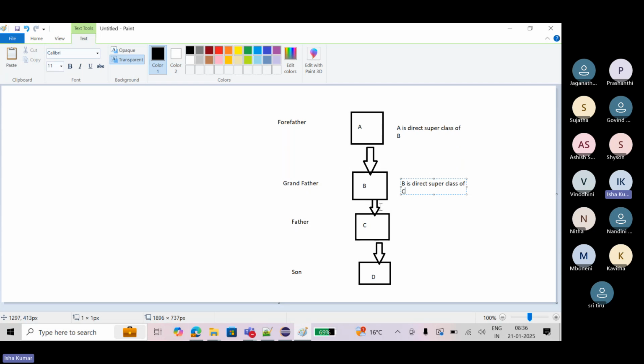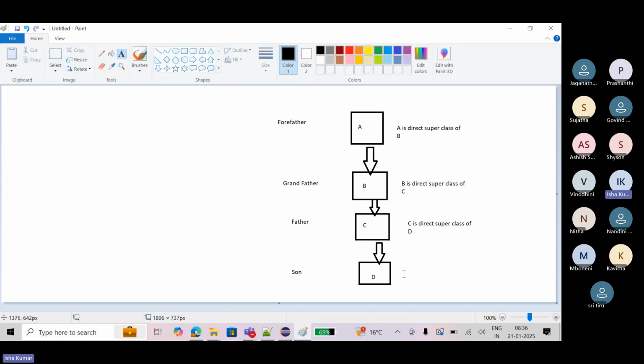Directly he is the father of C. So B is a direct superclass of C or not? Yes. Now C is a direct superclass of D or not? Yes. Now D does not have any child.